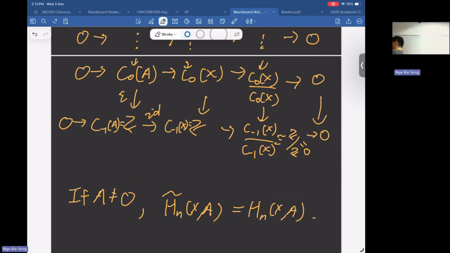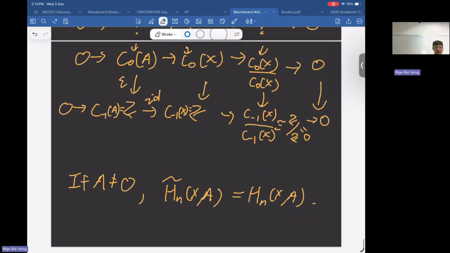So the moral of the story is, if you look at the reduced relative homology, it is the relative homology. So whether you put tilde on relative homology or not is the same thing, because in the end, the reduced chain for your relative chain is zero. The C_{-1} term is zero. You augment nothing to it.